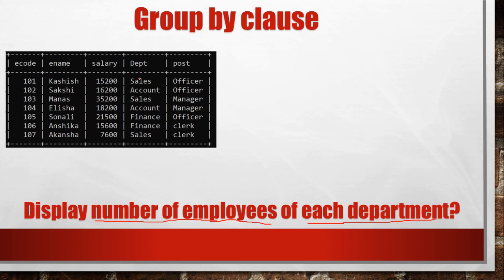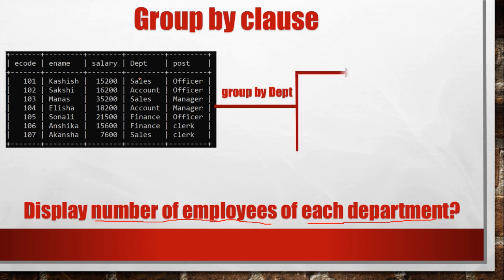So for finding this, the first step is to apply the group by clause. If I write group by department, then what will happen? The system will internally make groups from this table on the basis of department.